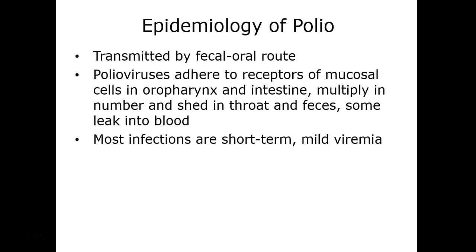Most of the infections with polio are very short-term and mild. They can even be asymptomatic and include things like headache, sore throat, fever, or nausea. However, some are more severe, but most are very asymptomatic.